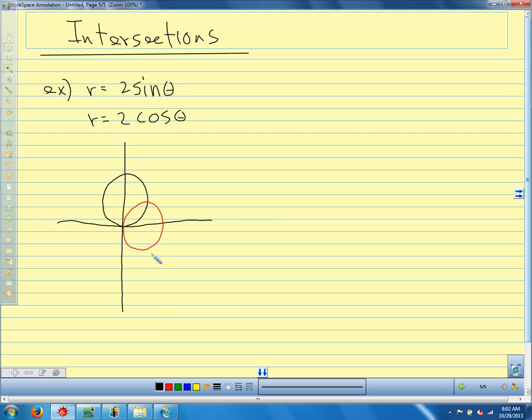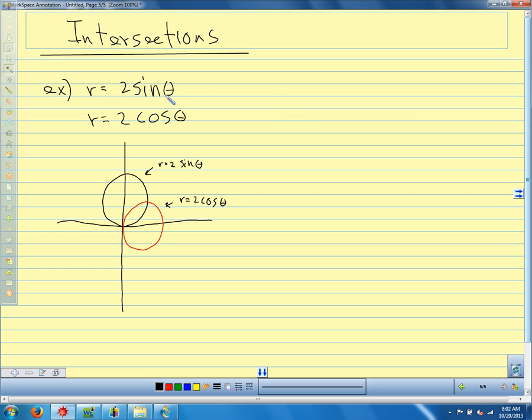Well, that sketch's not too bad. So it's pretty clear from the graph that these circles have 2 points of intersection.